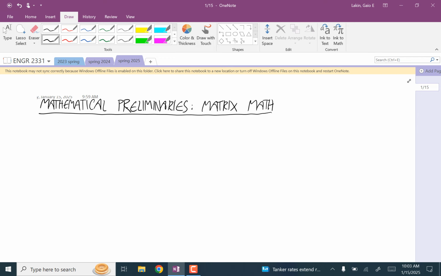So when I write a matrix, like when I write a vector, I put the over arrow on it to indicate it's a vector. When I write a matrix, I'm going to give it the under squiggle like this.